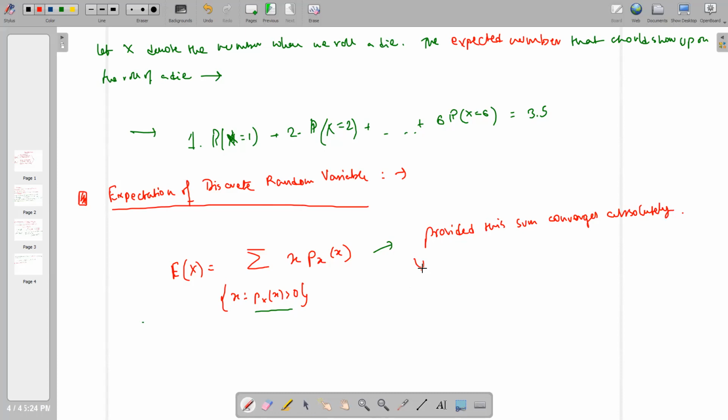In this case, we say that it is well defined. But if it does not converge, then it is not well defined, right? So we should have this summation to converge absolutely, right? Why do we need this to be true?